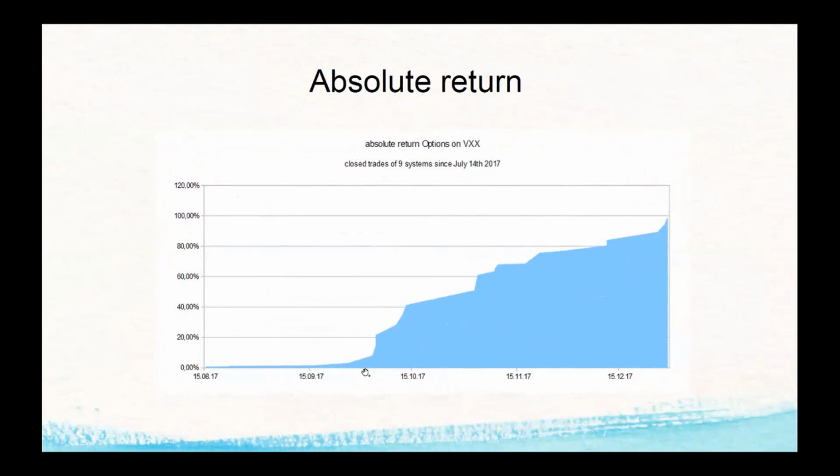Nothing happened here. And then it went up to nearly 100%. It was only 99.58%, including commissions. Not included is the Black Swan hedge, which will cost about $500 for about 6 months. That's it.